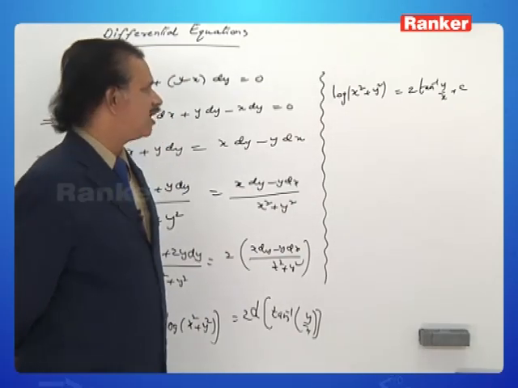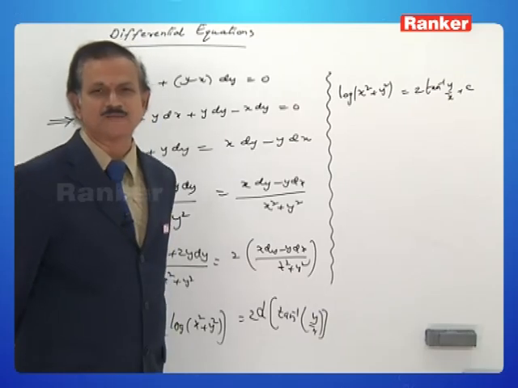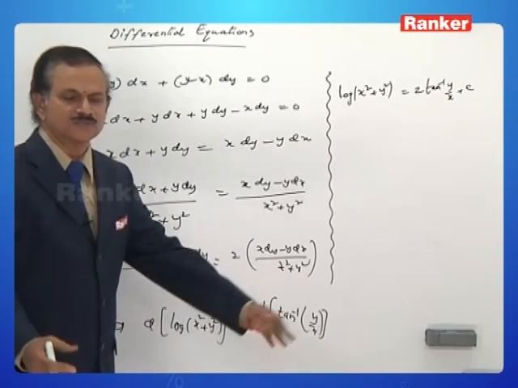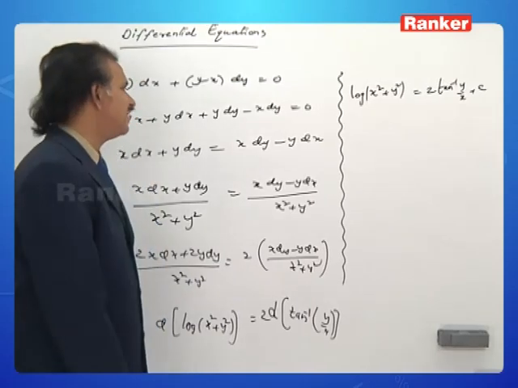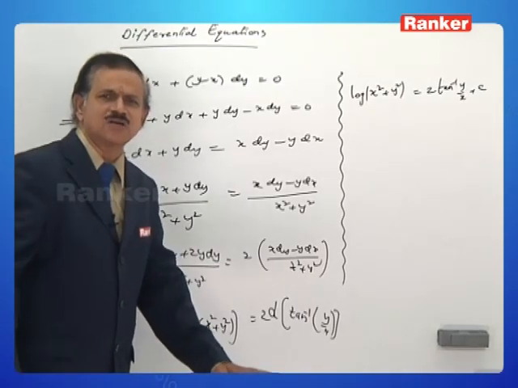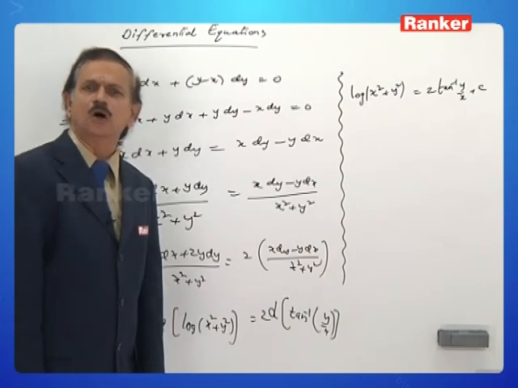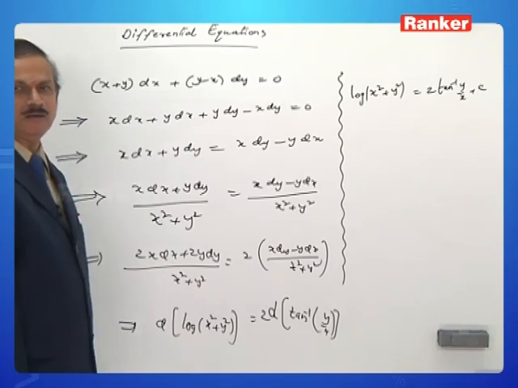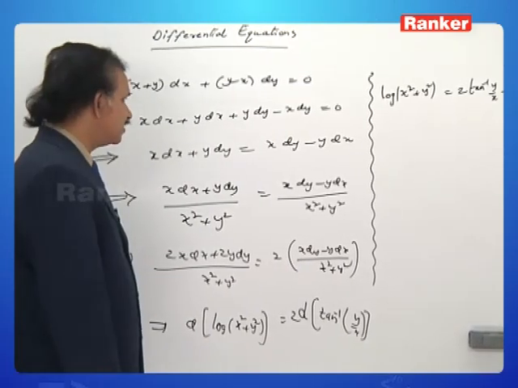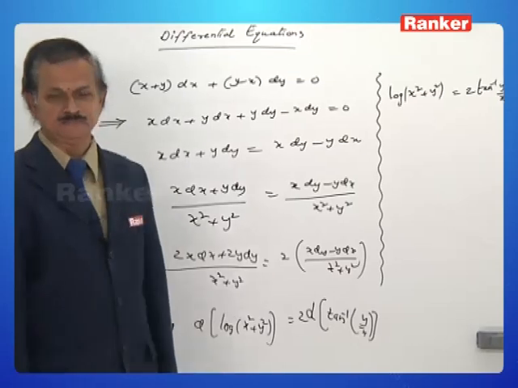You can say log of x square plus y square is equal to 2 tan inverse y by x plus c is the general solution. Nothing more than that. He has just asked us to have the general solution only. Therefore, there ends the matter for that problem. Understand it and follow them carefully.